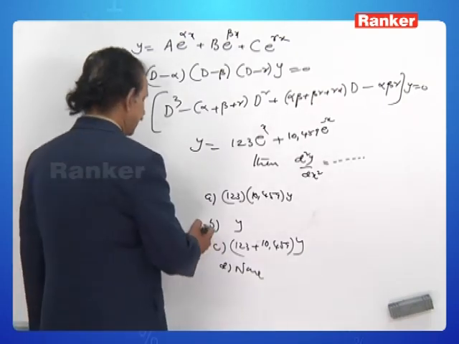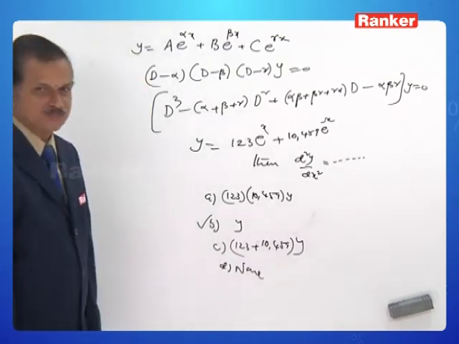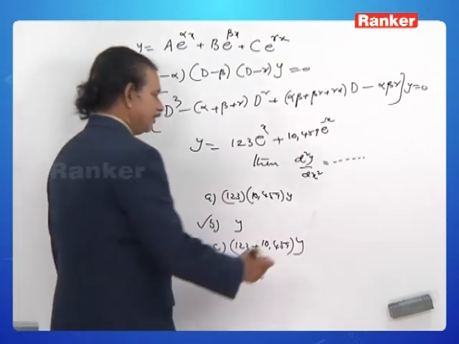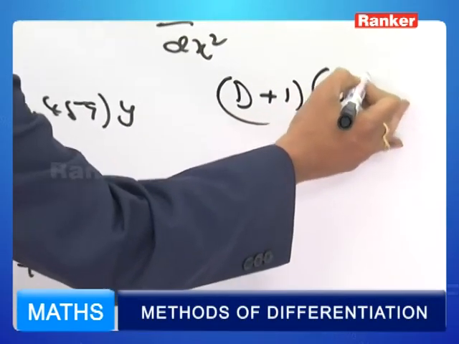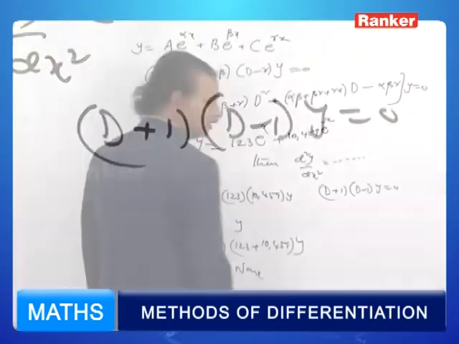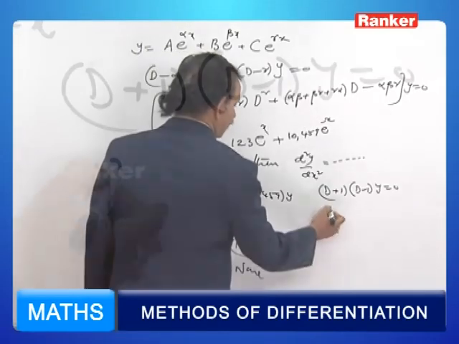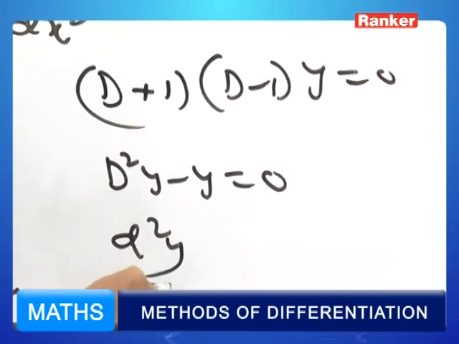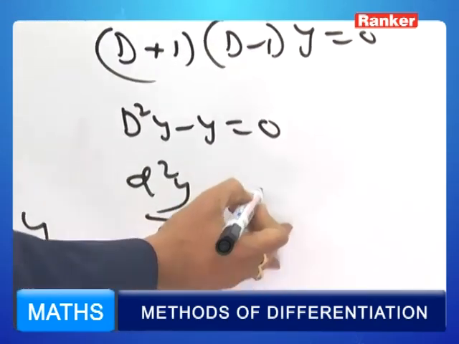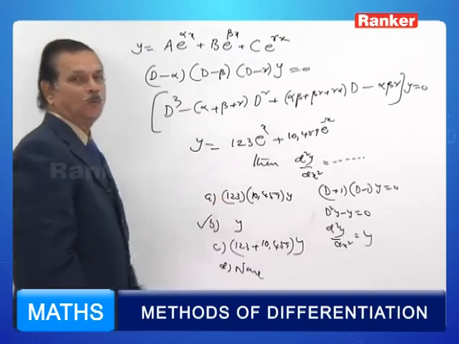How? (D plus 1)(D minus 1) of y is equal to 0. That is d square y minus y is equal to 0. That is d square y by dx square is equal to y.